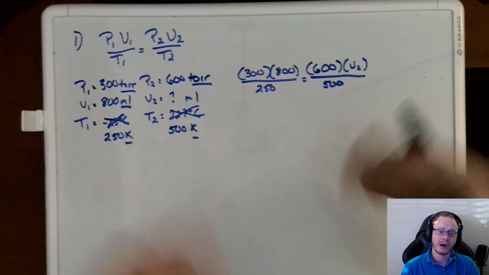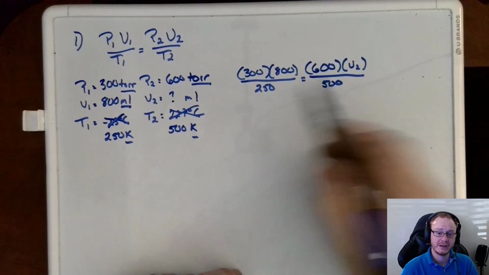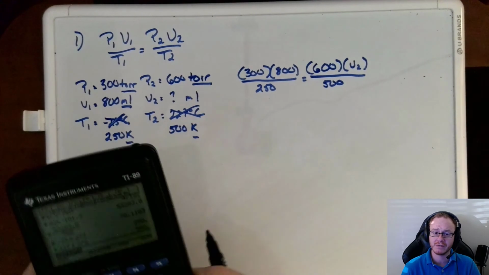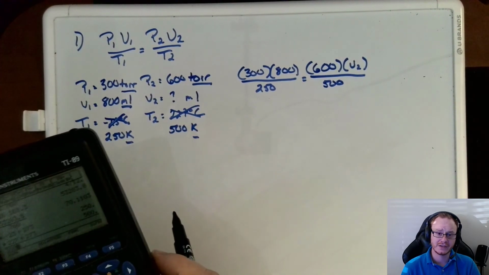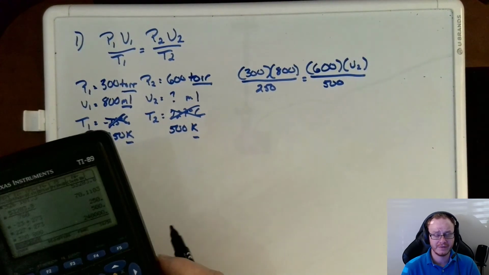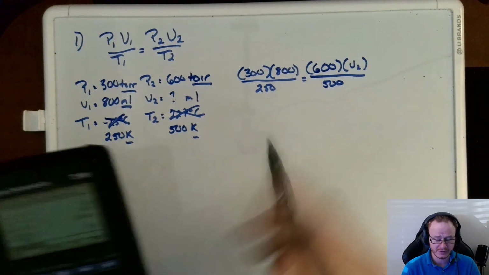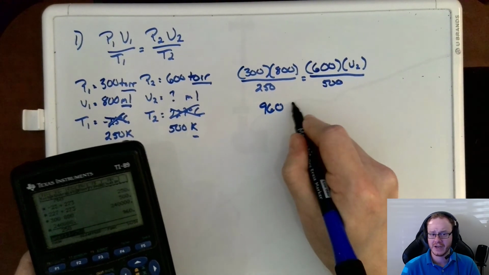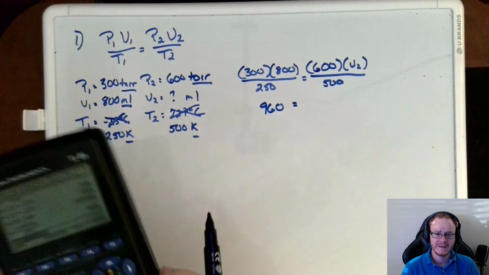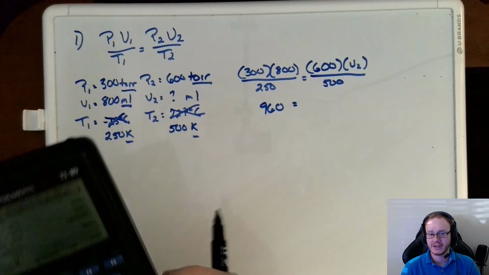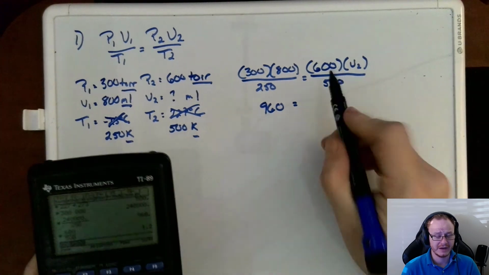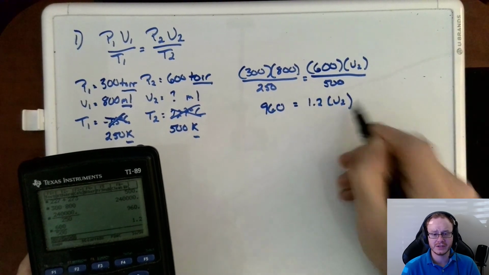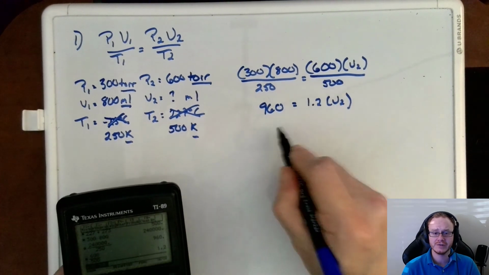At this point, however you choose to solve for it will be entirely up to you. I'm going to work my way through and reduce it and then gradually solve for volume 2. On the left-hand side, I have 300 times 800 divided by 250. I'll plug this into my calculator. And the end result is 960 divided by the right-hand side as 600 divided by 500 times V2, which ends up being 1.2 times V2.